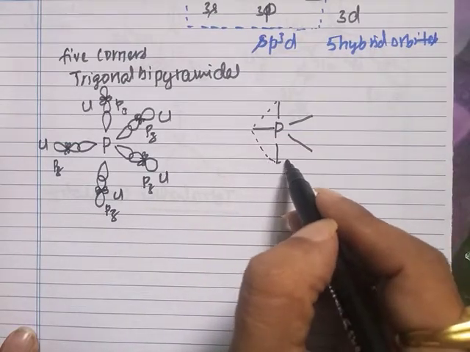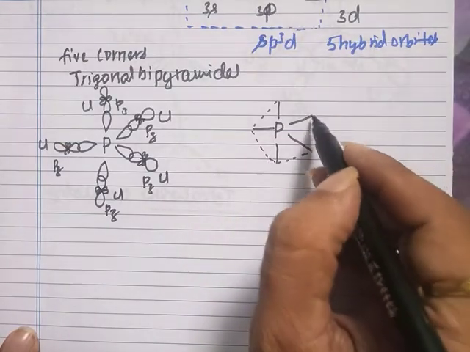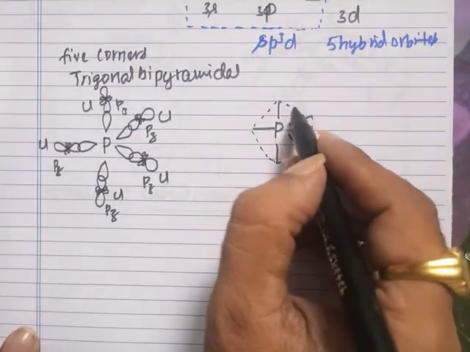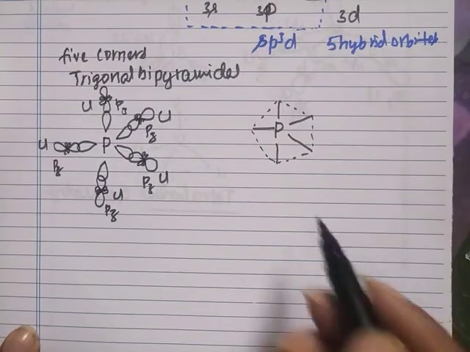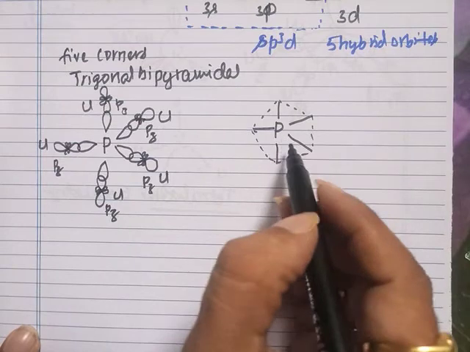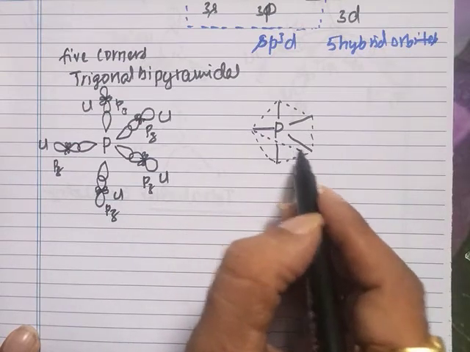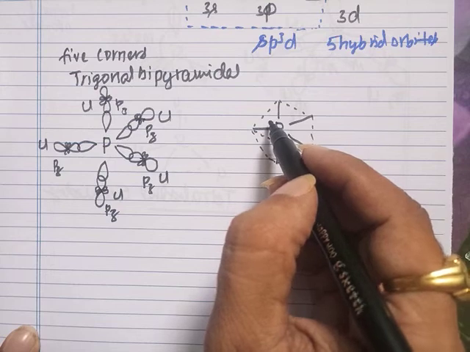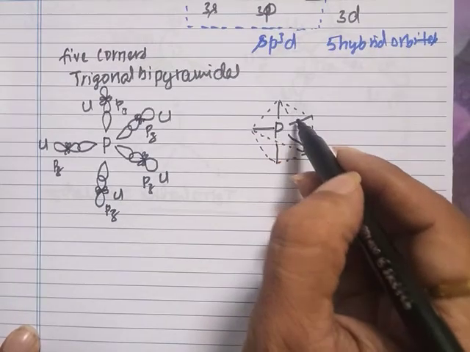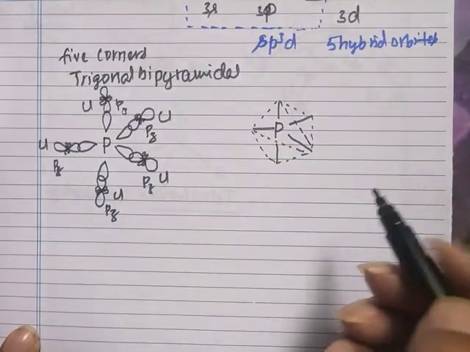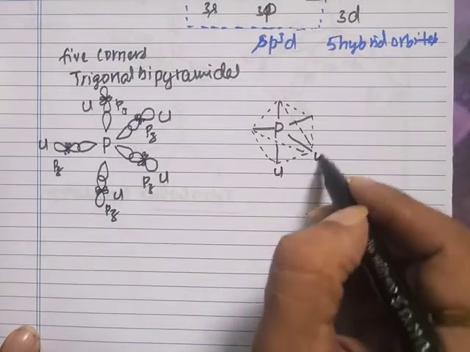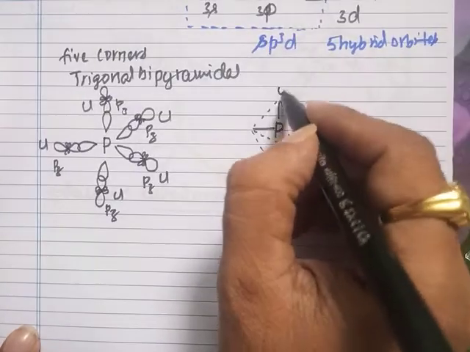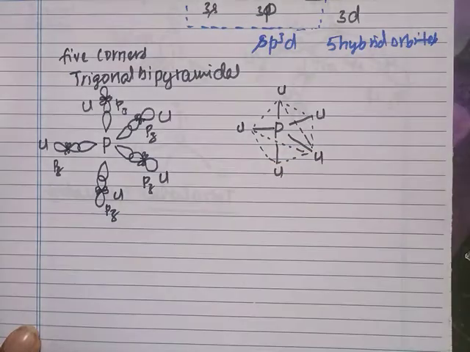So the 5 hybrid orbitals are directed towards the 5 corners of a trigonal bipyramid. So the 5 chlorine atoms will be at the 5 corners of the trigonal bipyramid.